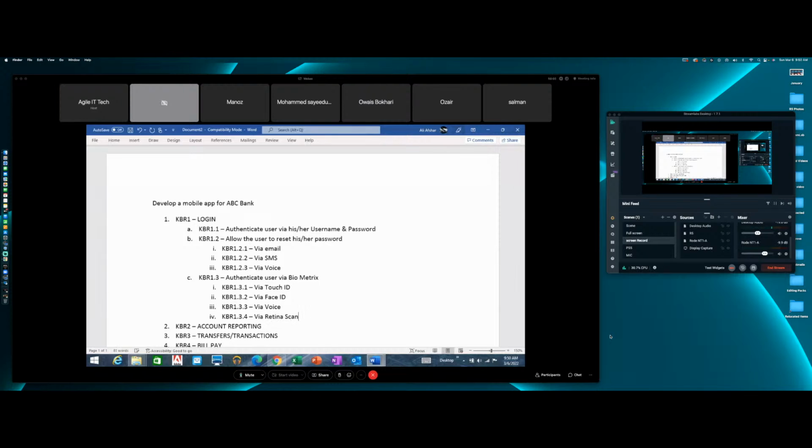All right. Okay. Now somebody just mentioned, what did they say? KBR number, what number are we on now? 1.4, which is going to be authenticate client or user via multi-factor or two-factor, right?